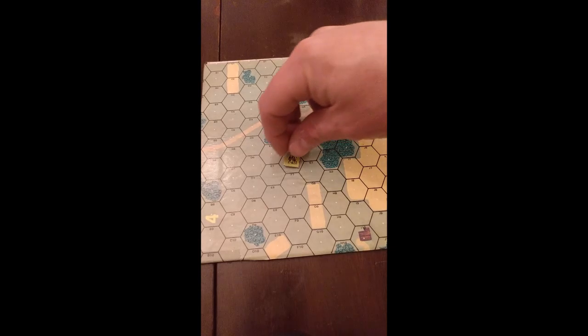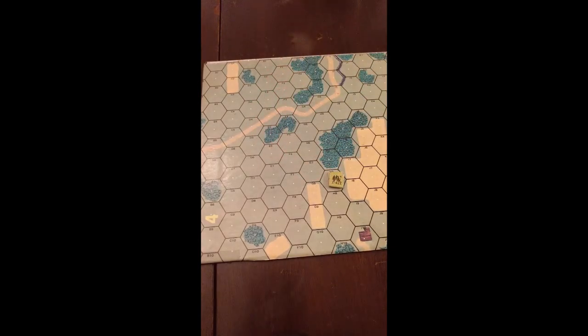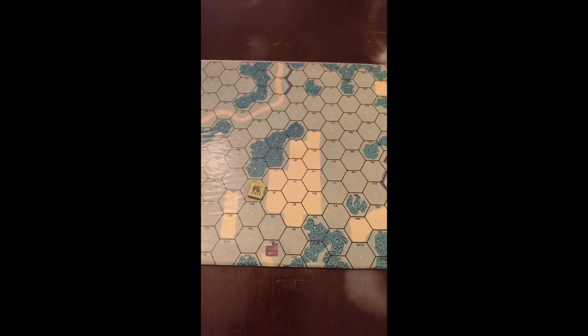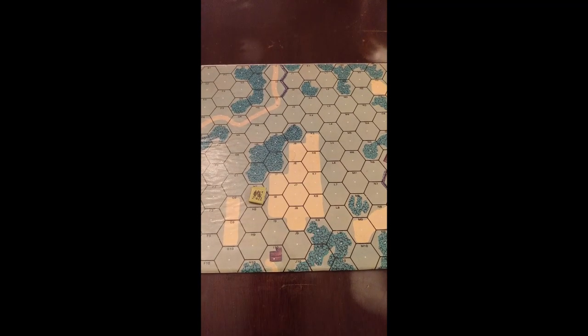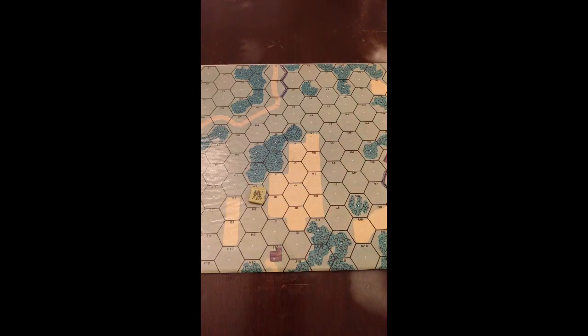And then G7 and H7, 2 more movement factors, and that ends our movement phase at 6 movement factors. All in open terrain, flat, level, no changes, very simple type of movement.